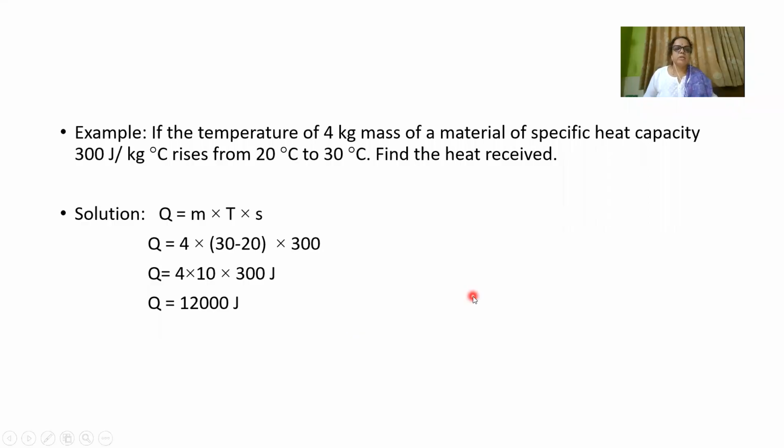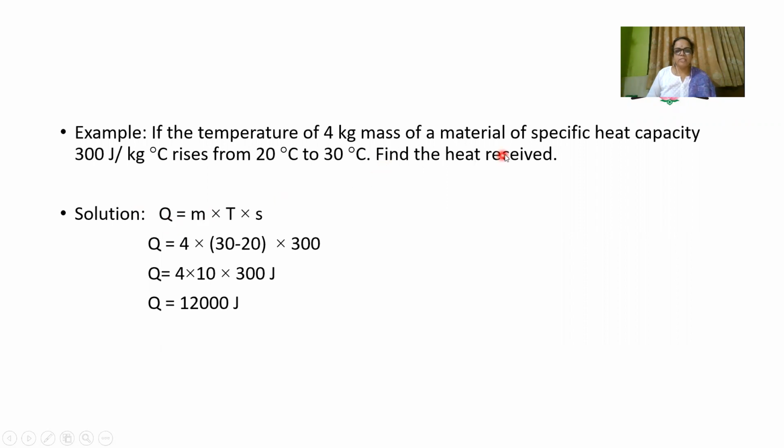Numerical. If the temperature of a 4 kg mass of material of specific heat capacity 300 joule per kg degree centigrade rises from 20 to 30, find the heat received. As we know, this formula, that is heat loss or heat gain.